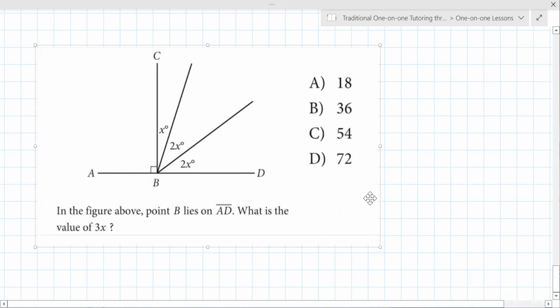So 90. X plus 2x plus 2x equals 90. 5x equals 90. 90 divided by 5 is 18.